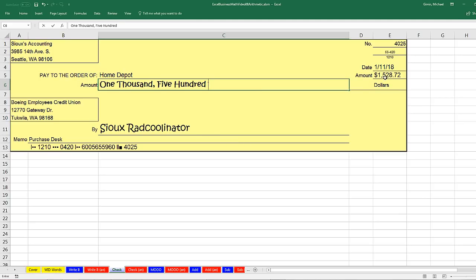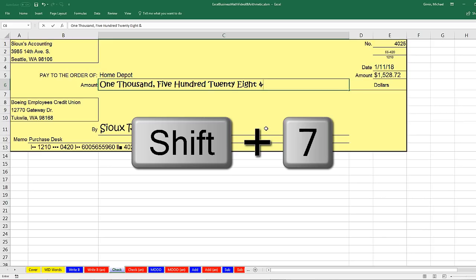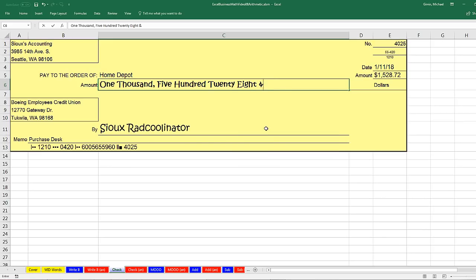That's describing that digit right there. Space. 28. That 28 is describing those two digits. There's the decimal, so we write and. I'm going to use the ampersand, shift 7. That's a symbol that means and. And then I need to write that 72 cents. 72 cents and enter.